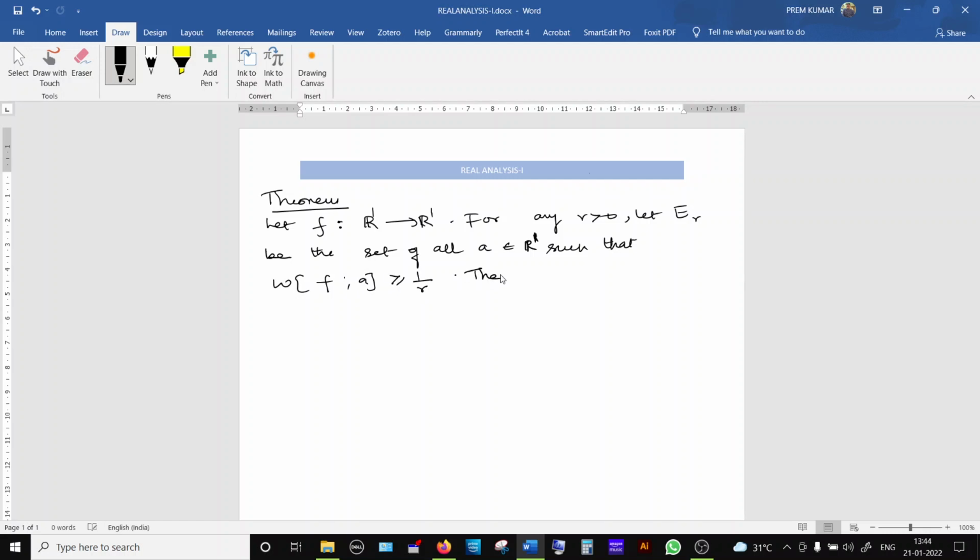If this is the case, then E_r is a closed set in R. We have to prove this.